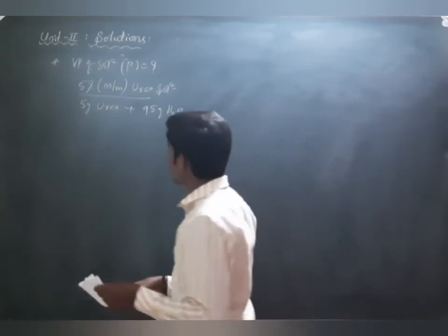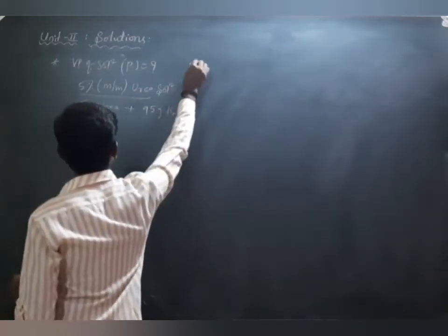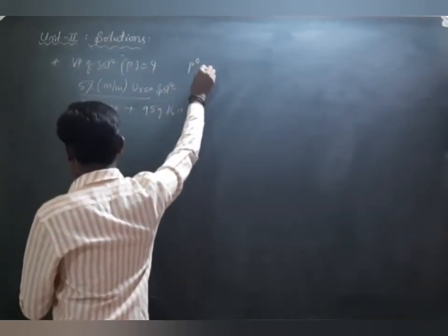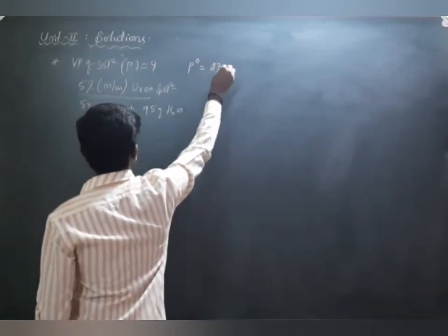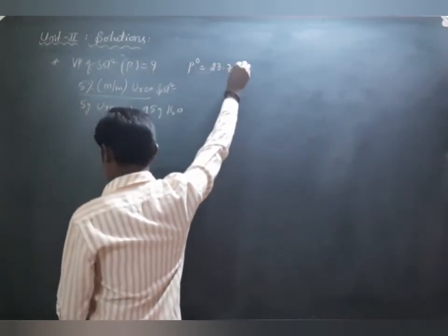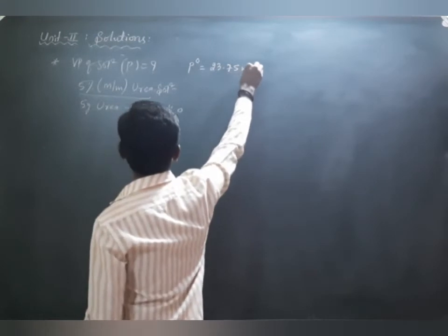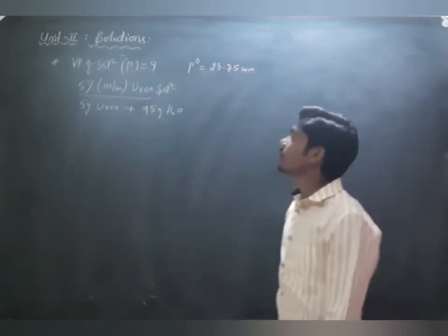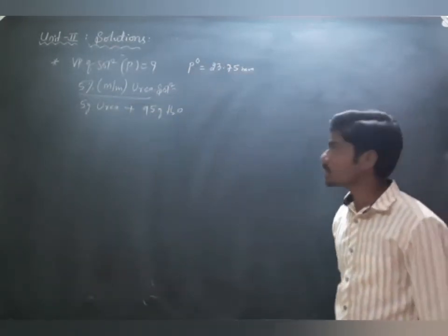It is given that the vapor pressure of pure water, P0, is 23.75 mmHg. Now simplify.